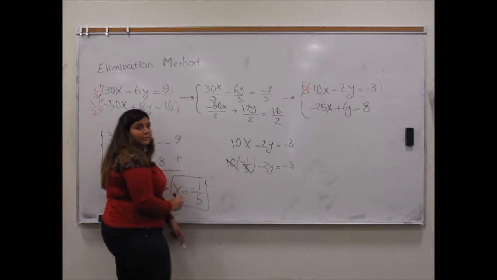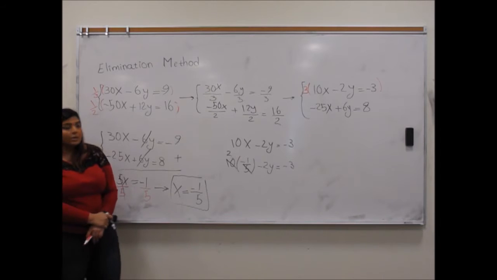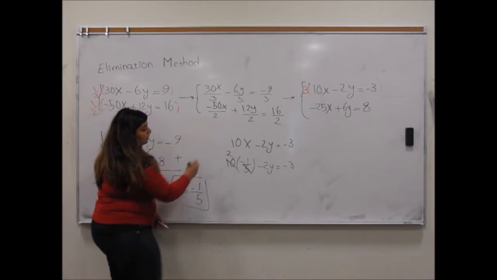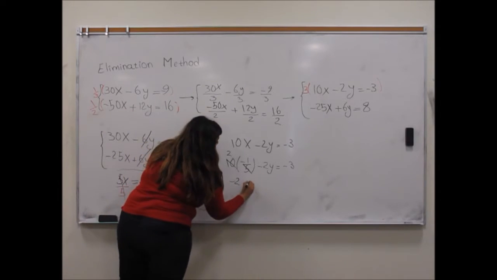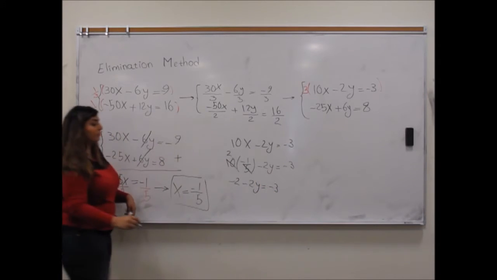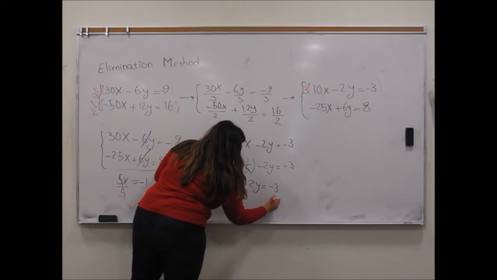5 and 10 cancel each other out. 10 divided by 5 is 2. 2 times negative 1 is just negative 2. Negative 2 minus 2y equals negative 3. Add 2 to both sides.